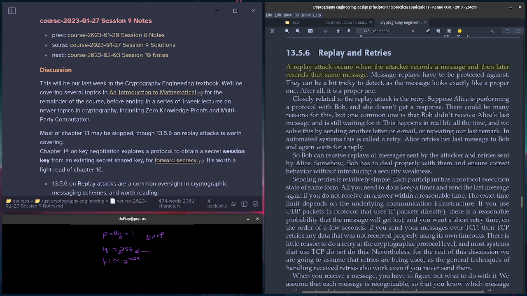The cryptography engineering textbook, I think the rest of it basically goes on to discuss public key infrastructure. But I think it would be more useful to discuss some of the mathematical premises on which cryptography is actually based. If you're particularly interested in public key infrastructure, the remainder of the book may be interesting.